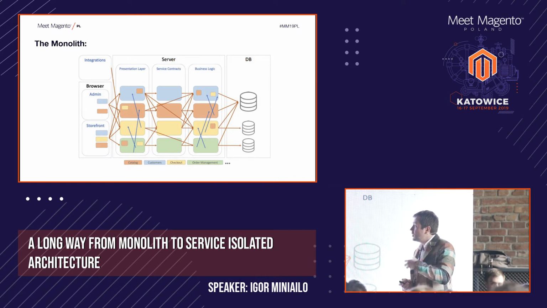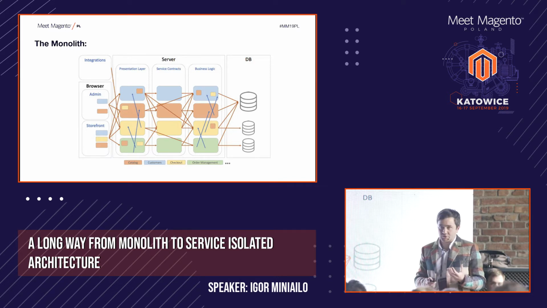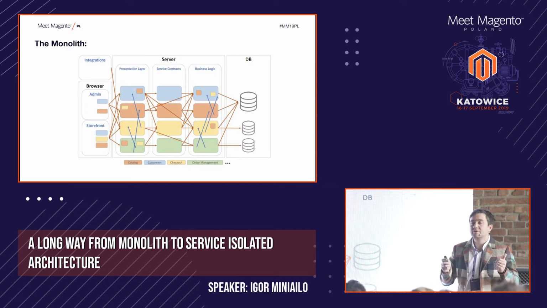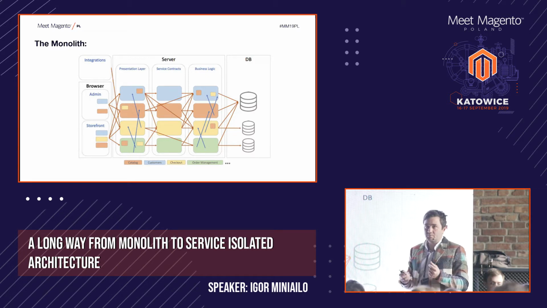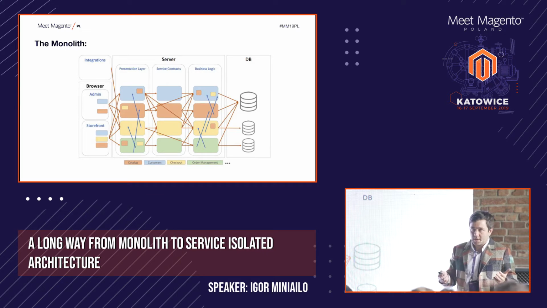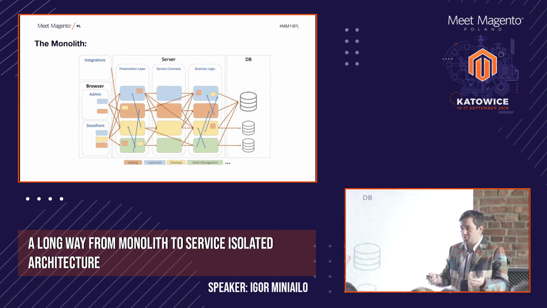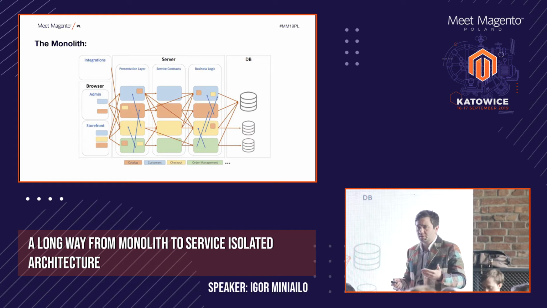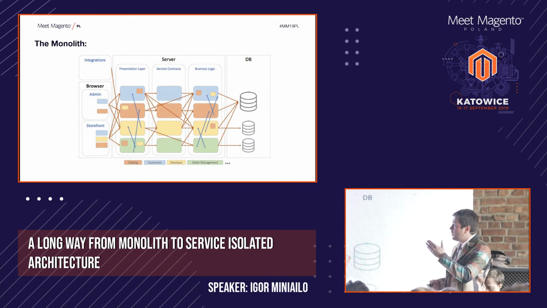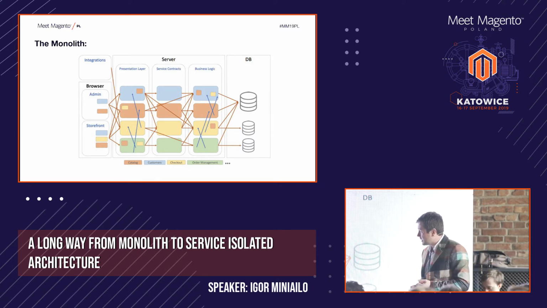This is one of the drawbacks of the monolithic architecture, because the boundaries of the components are highly vulnerable to incorrect dependencies being introduced by developers who work on a particular project. And as you know, on Magento we have a lot of developers working and making contributions, including community contributions. So it's really hard to prevent incorrect dependencies from being introduced. This is one of the vulnerabilities of the monolithic architecture.